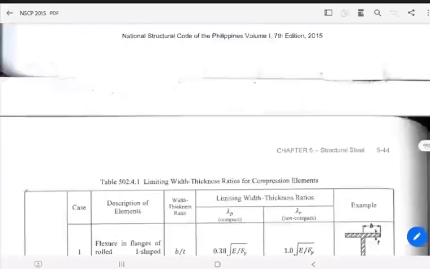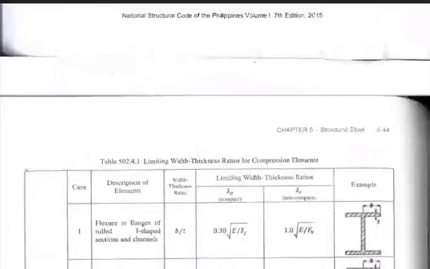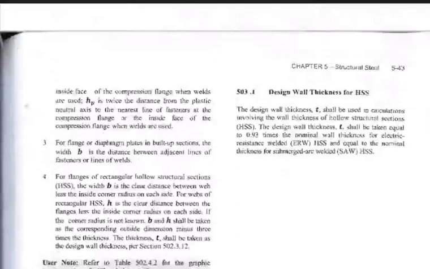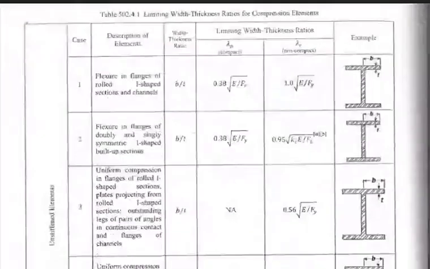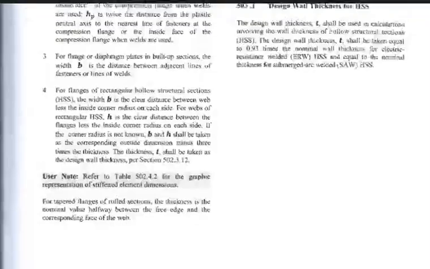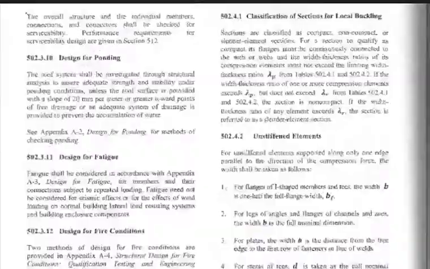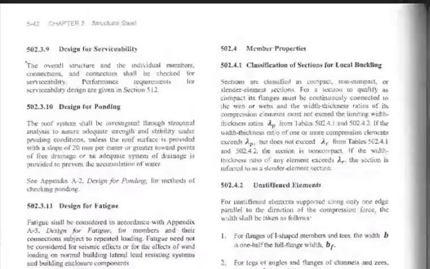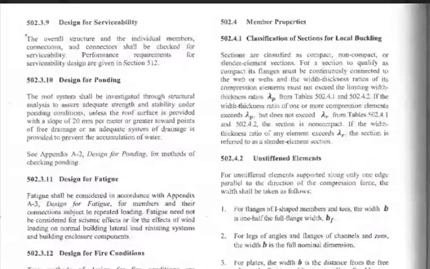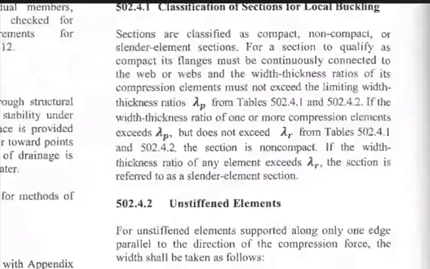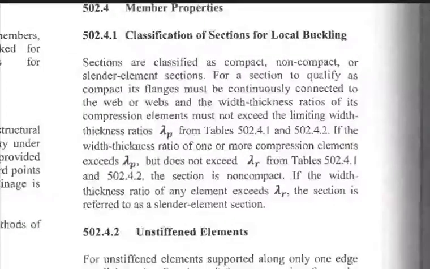Okay. Hindi pa yun. 502.4.1. Okay. Let me go to 502.4.1. Okay. Ito yung sinasabi ng 502.4.1. Classification for all sections for local buckling.